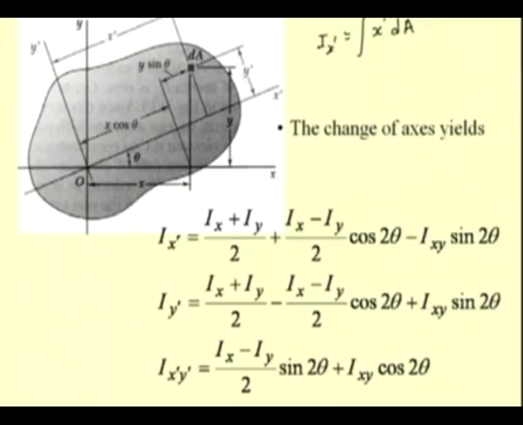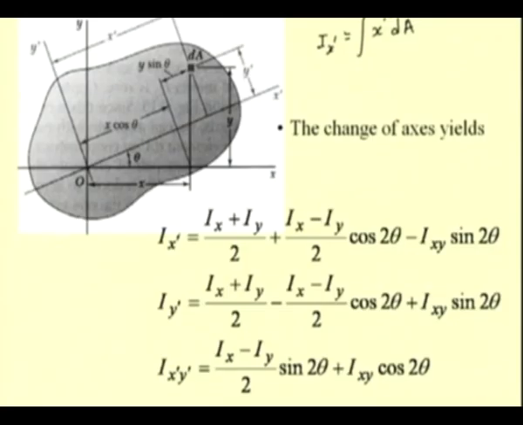So, we have I x prime as (I x plus I y) by 2 plus (I x minus I y) by 2 cos 2 theta minus I x y sin 2 theta. And same way we get the expression for I y prime as (I x plus I y) by 2 minus (I x minus I y) by 2 cos 2 theta plus I x y sin 2 theta.